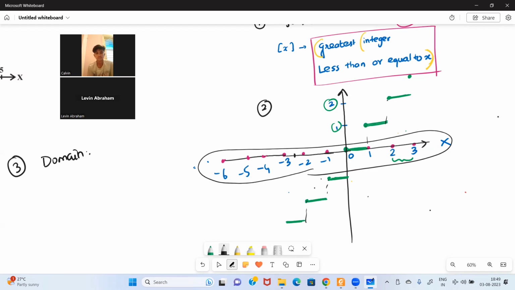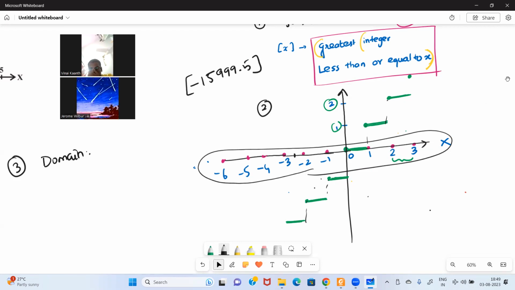For example, what is the greatest integer of -15,999.5? What is the answer? Levin, tell me. So -16,000. Exactly, -16,000. Perfect.